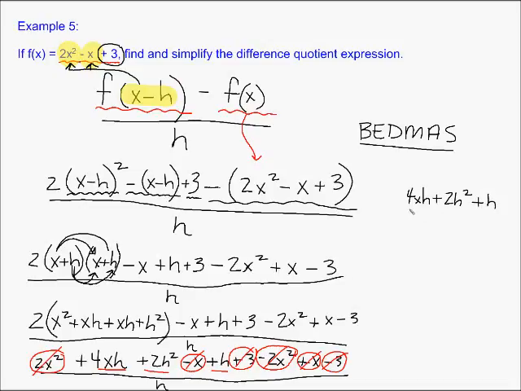And when you do enough of these, you'll find that that's what usually happens. You'll get a lot of canceling out when you come down to simplifying your difference quotient. Now this isn't quite done. We have to simplify a little bit further, and to do that, we want to get rid of the h's, because they're all common to each expression here, or each variable here.